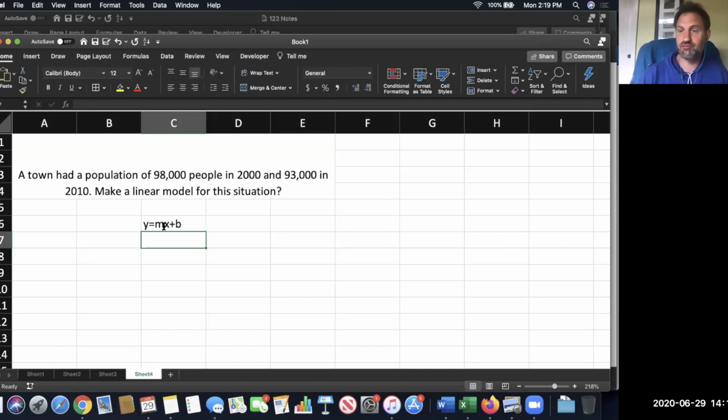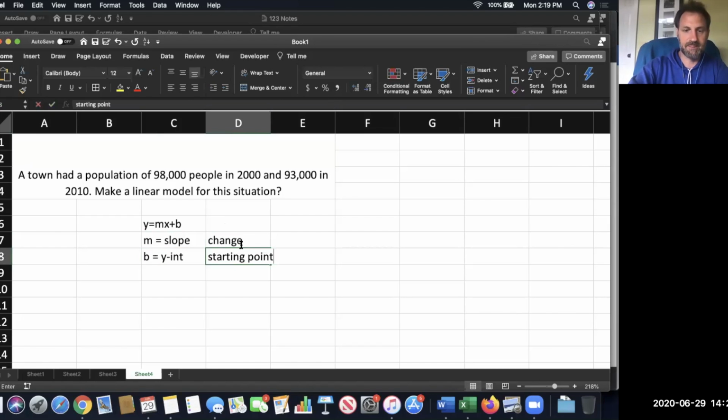I would argue that one of them is the starting value. So that is actually given to us directly. M is the slope, B equals the y-intercept. One of them is about change. One of them is about the starting point. Which number could we use as our starting point?